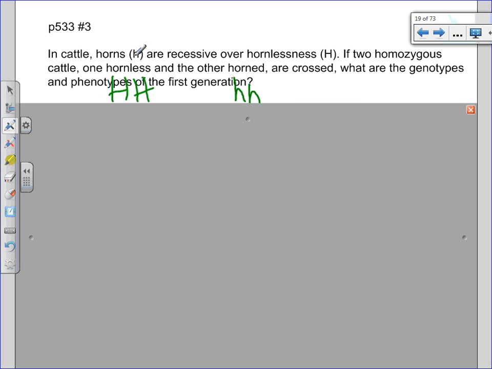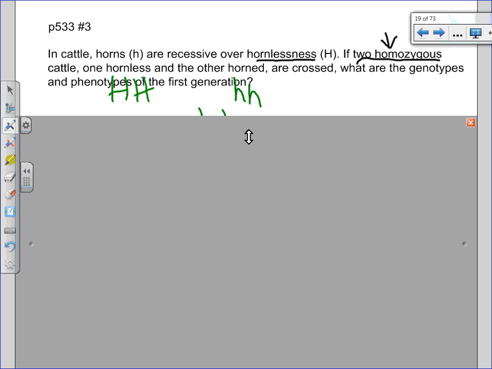We have 2 homozygous, so that means that they are both pure for whichever trait. One is hornless, so hornless is the dominant trait, big H, big H, and the other is horned, which is recessive, so little h, little h. So there's our parents.